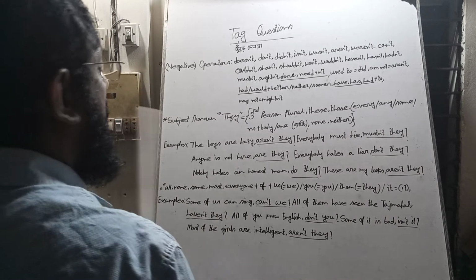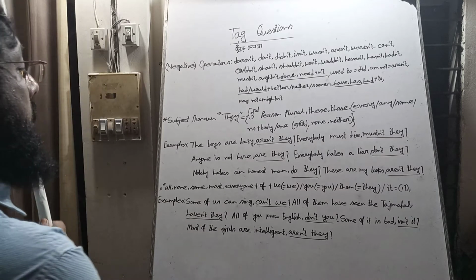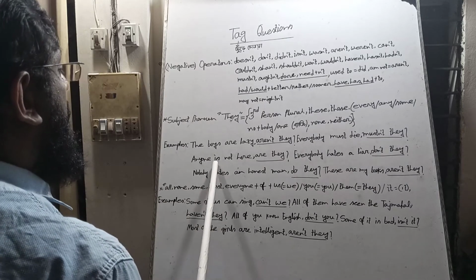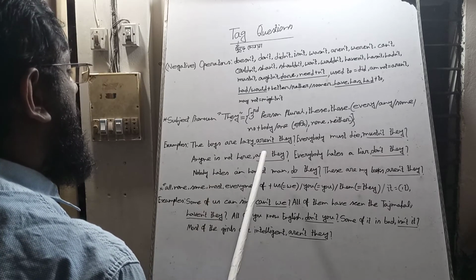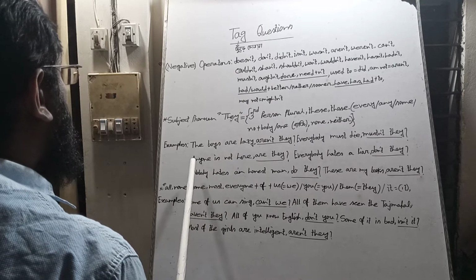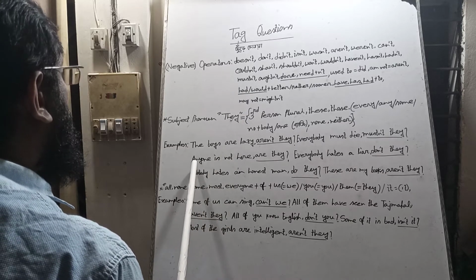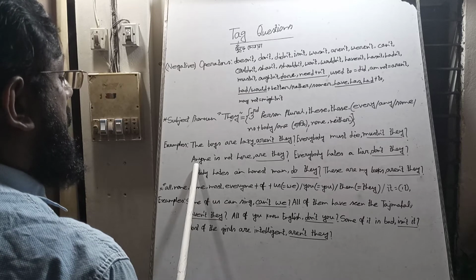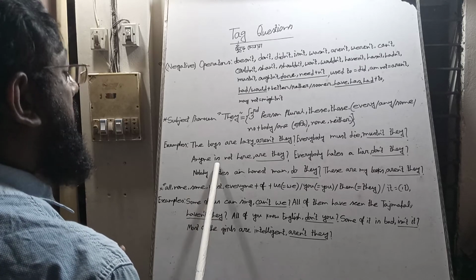Anyone is not here. Is is the be verb here and the main verb, and it will be used, but anyone is third person singular, so the verb is third person singular.